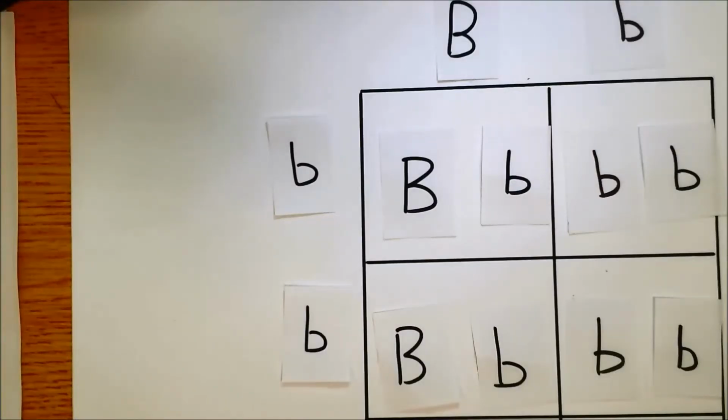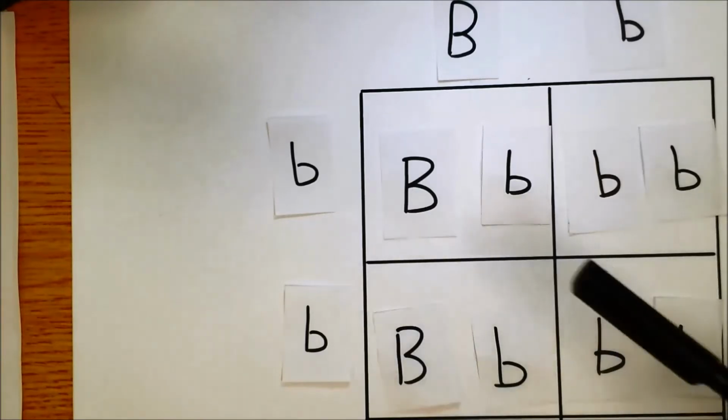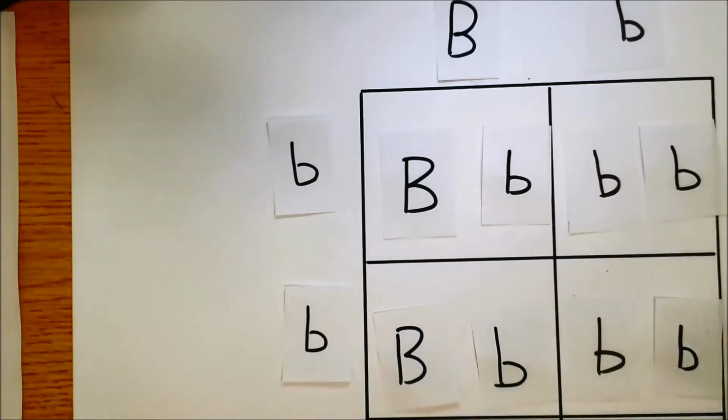And the last question is, if the couple had a 4th child, what would be the most likely phenotype of that child? The most likely genotype of that child? Well, it's 50-50. So 50-50 chance for blue or brown, and 50-50 chance of big B, little b, or little b.